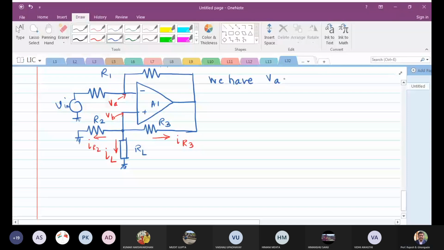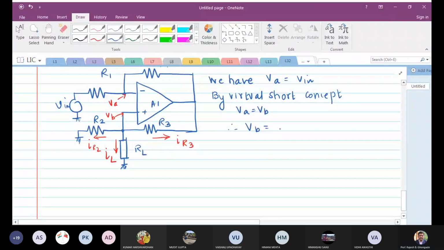Now again, by virtual short concept, VA equal to VB. So therefore, VB will be equal to Vin. And also we have, what is the output voltage VO?